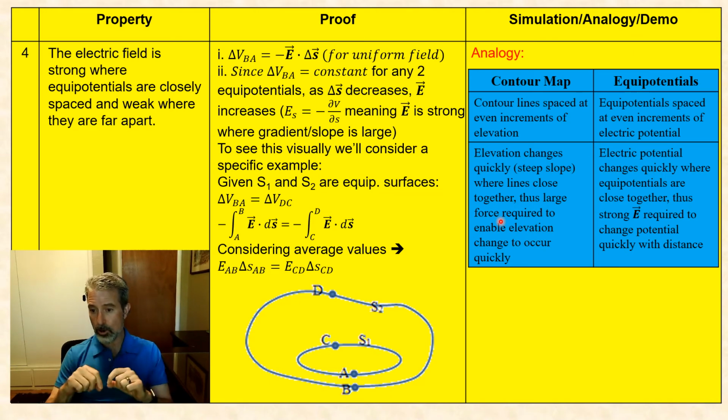And to move a charge from one location to another requires a fairly big force, a big electric field, and a big amount of work, if those equipotentials are closely spaced in that region.